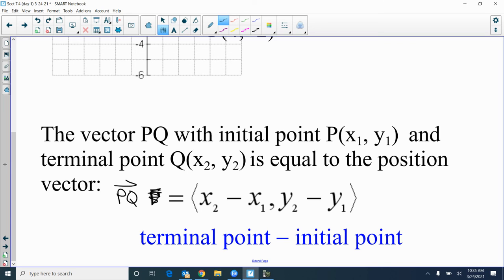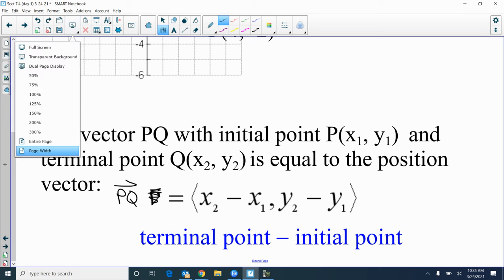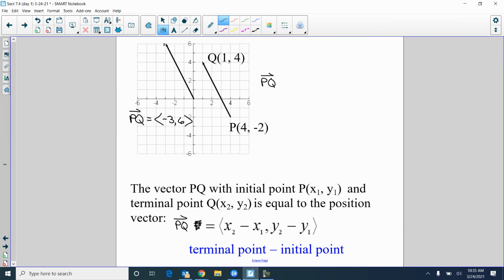And so if you take a look here, what do I got? My terminal point is the end point. So if I take 1 minus 4, that is negative 3, where you ended minus the initial point. And if I take 4 minus negative 2, I get 6. So that's all you're going to do there.